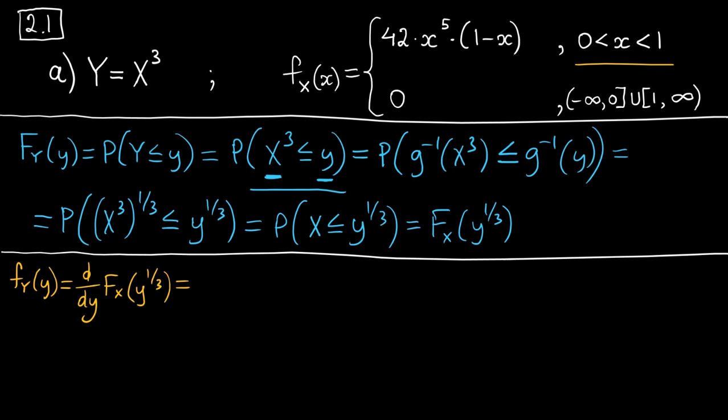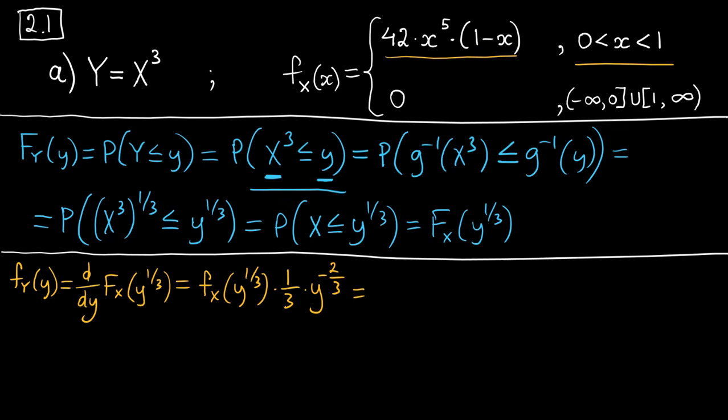The derivative of the CDF of x evaluated somewhere is the PDF of x evaluated there, times, by the chain rule, the derivative of the argument, which is the derivative of y to the power 1/3, which is 1/3 times y to the power of minus 2 over 3. Okay, and now let's plug in the expression for the PDF of x.